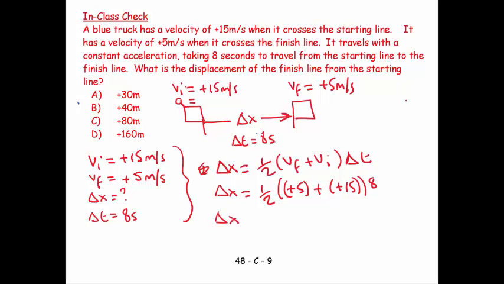So delta X is equal to 1/2, that's going to be 20 times 8, that's going to be 80 meters, positive 80 meters. And there I have it, positive 80 meters.